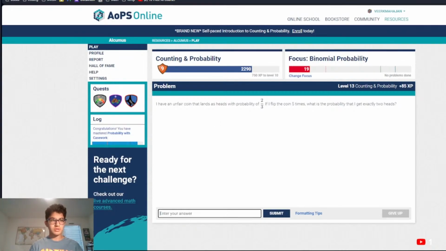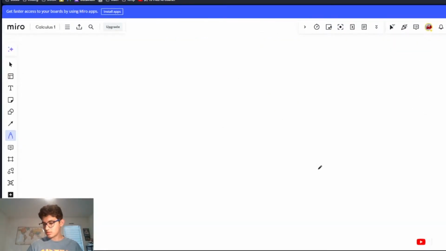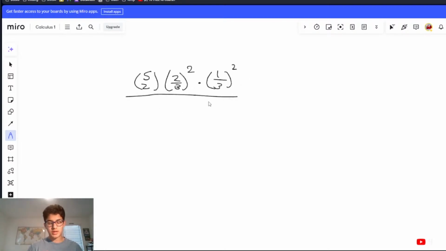So that's 5 choose 2. 5 choose 2 times 2/3 squared, because you need these to be heads, times, and then the other 3 will all be tails, right? So that'll be 1/3 squared. And then you divide this by 2 to the, wait, no, I'm doing it wrong.